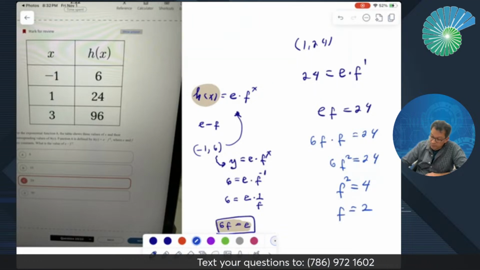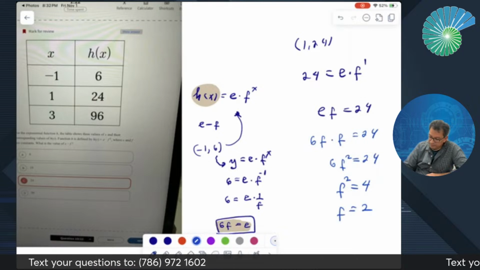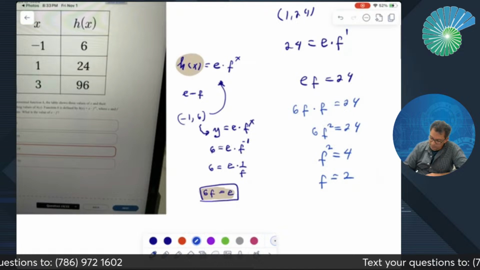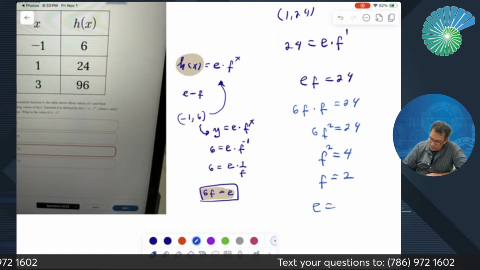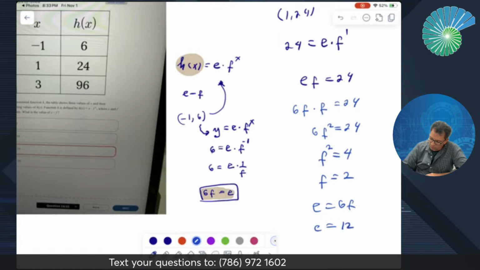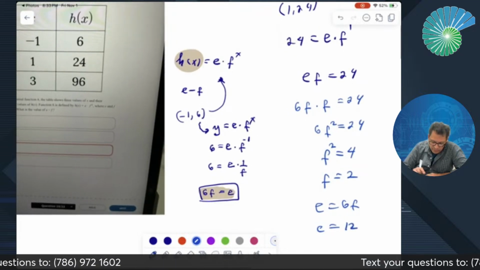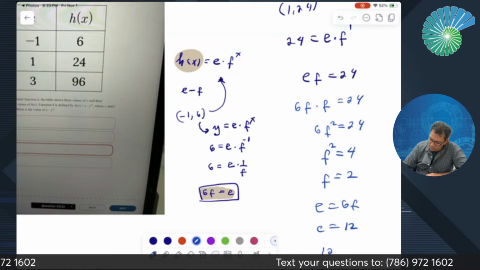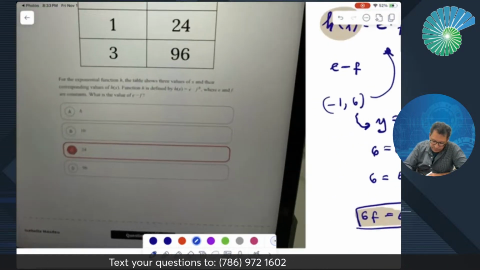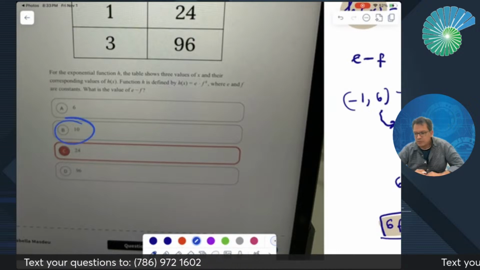And now I have F. And since I have F, I can find E. Because E is 6F. So E is 12. What is it that they want? E minus F. So E minus F should be 10. I see a 10 there, so that should be the answer.